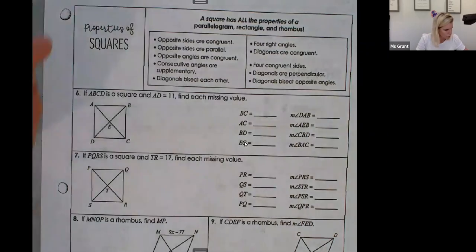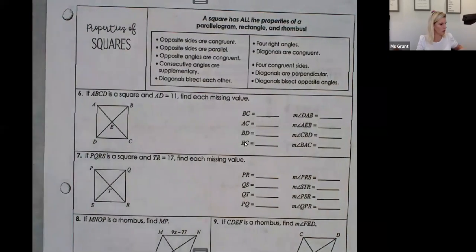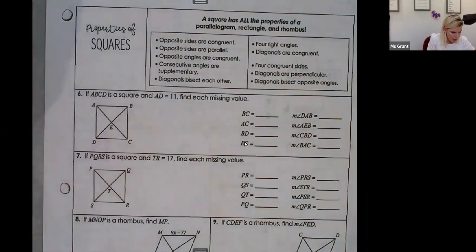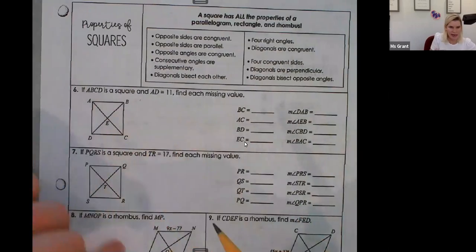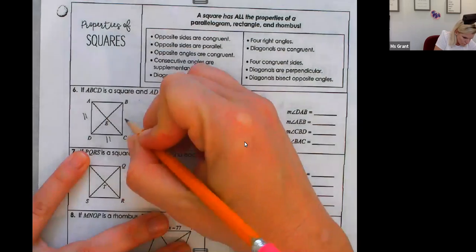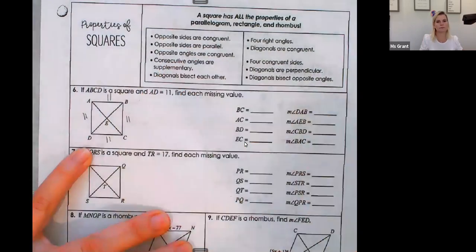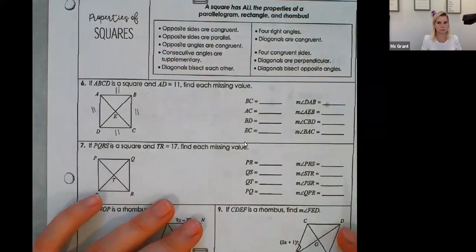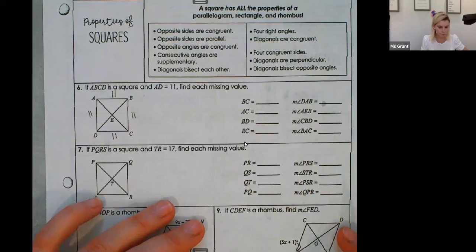So here it is. Okay. ABCD is a square and AD equals 11. All right.